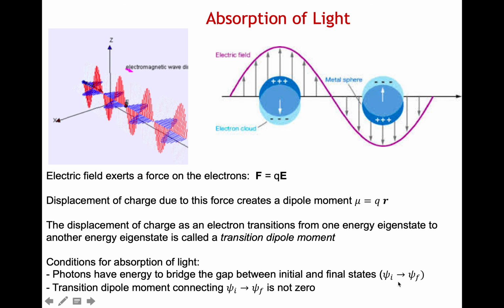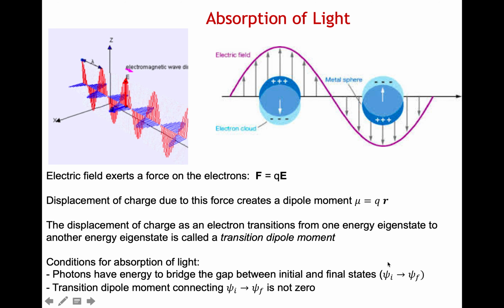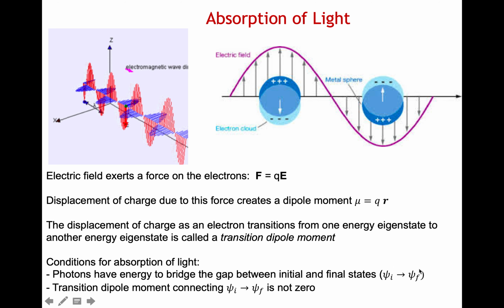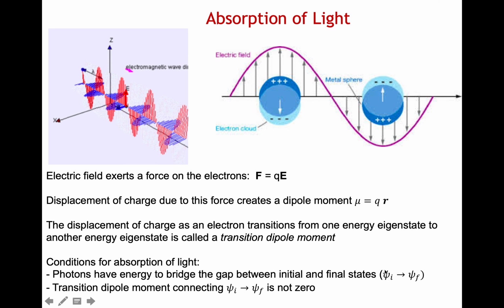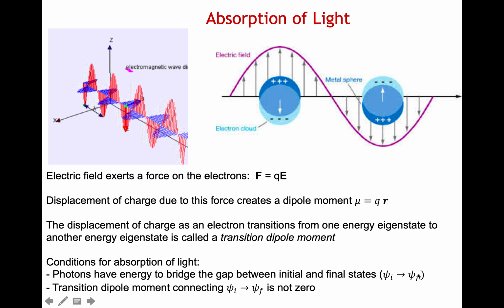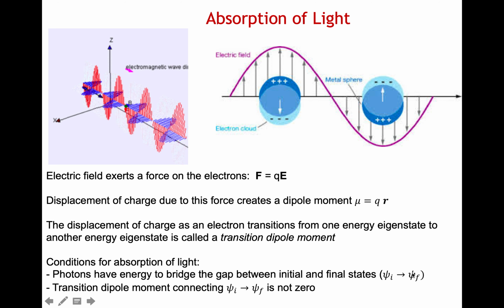So we can denote the initial state psi I, some initial energy eigenstate, and the final state psi F, some final energy eigenstate. In our previous example with beta carotene, psi I might have been psi 11, the HOMO in that material, and psi F would have been psi 12, the LUMO.